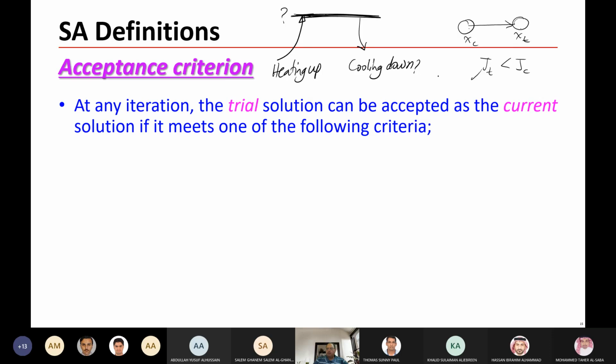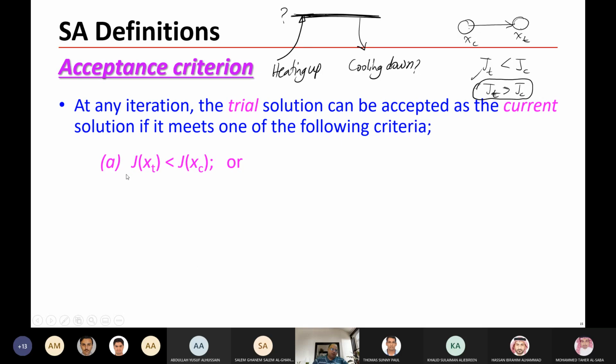This position is better than this position, assuming of course the minimization problem. But now if Jt is greater than Jc, if the objective here is worse than the objective here, so this is the bad solution or worse solution than this one. So in this case, we will not eliminate the trial solution. We will consider it, but under a certain condition.